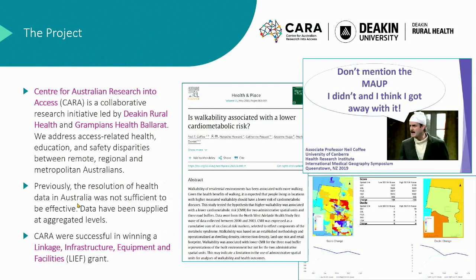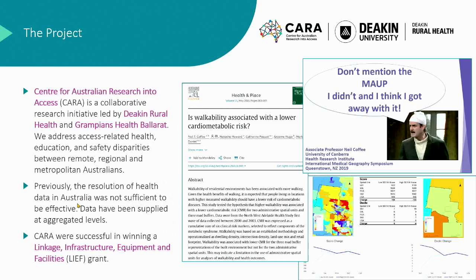So the Centre for Australian Research into Access is a collaborative research initiative led by Deakin Rural Health. We look at access-related research for particularly health, but also education and other subject matter as well. The project I'm going to talk to you about today came about because of traditionally a poor resolution of health data in Australia.